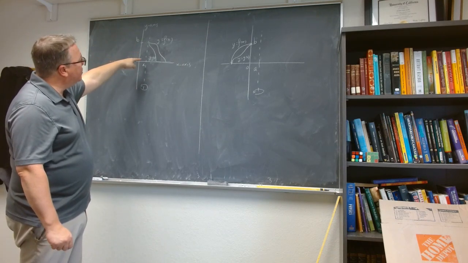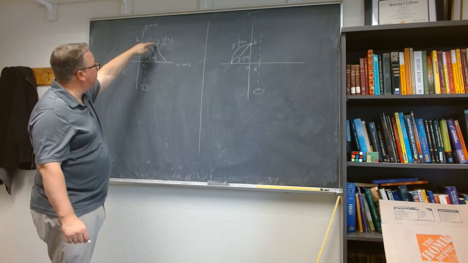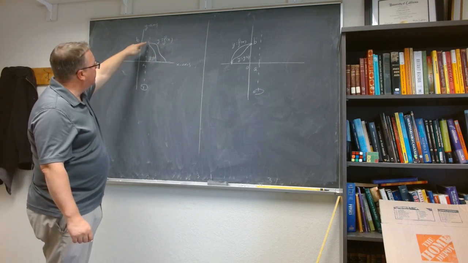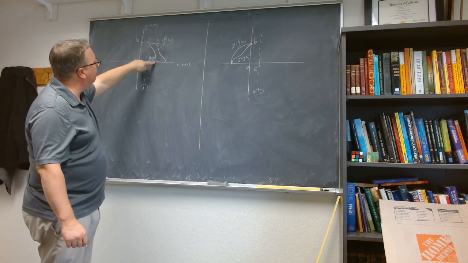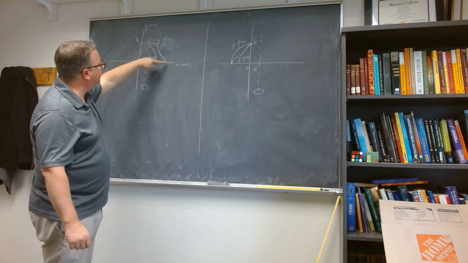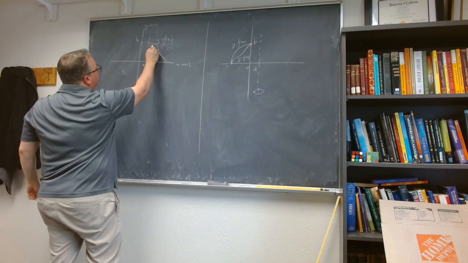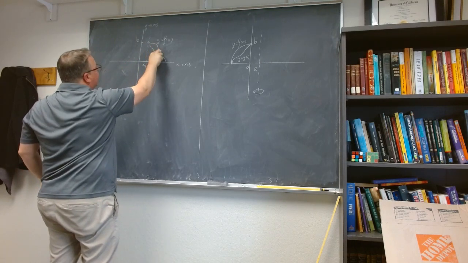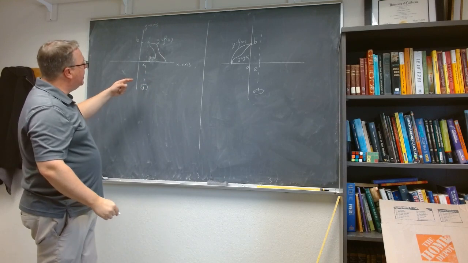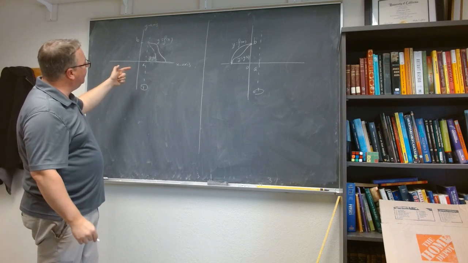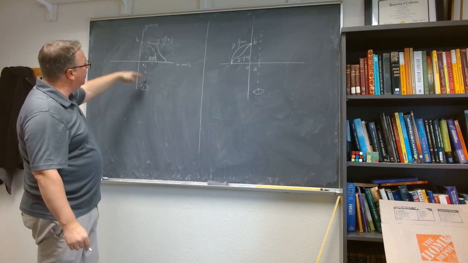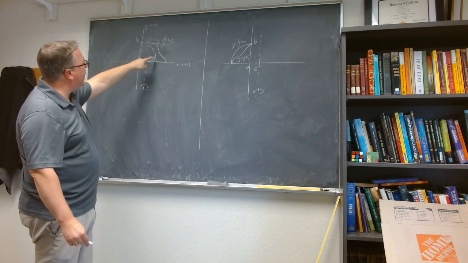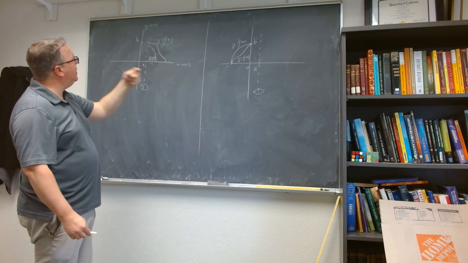Our region is trapped between the graph of y equals f of x, the graph of y equals g of x, and the x-axis. So this here is our little region. Notice that this is really not very good for doing a rotation any other way because we're rotating about the y-axis, which means we're spinning it this way.